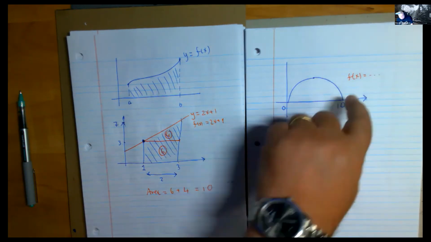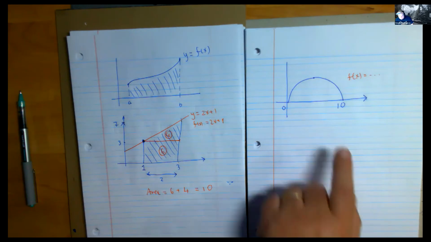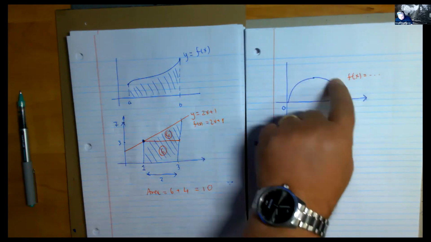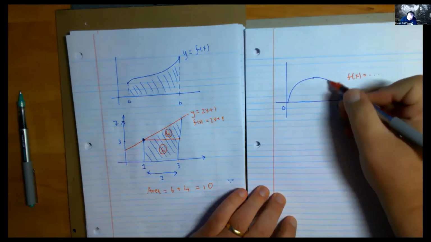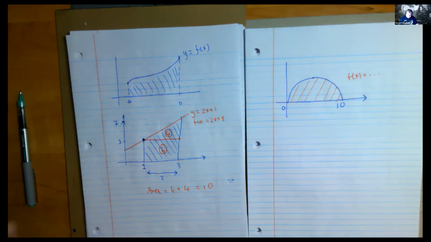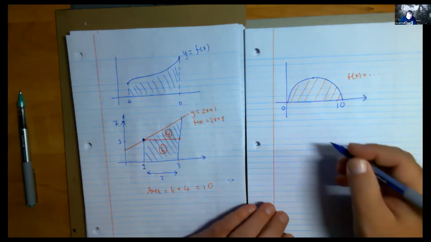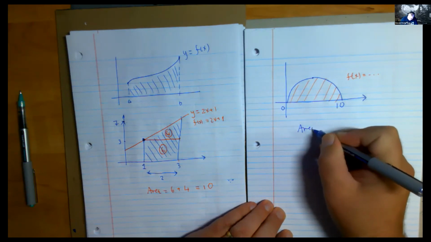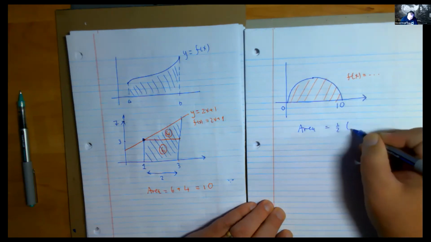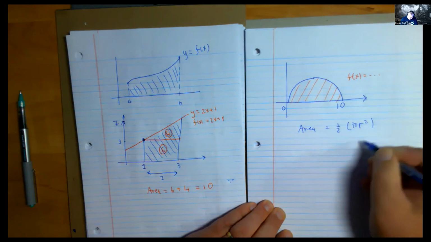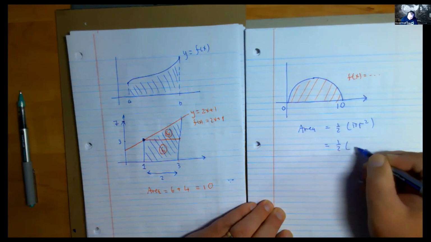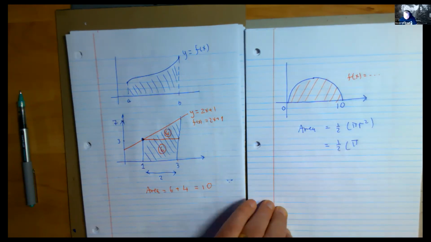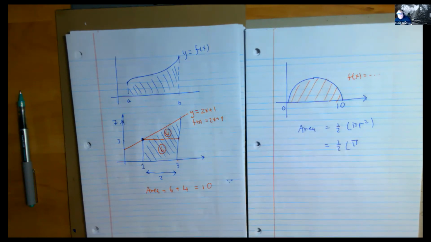I won't even tell you what the equation is, it actually doesn't matter. But what I want to know is the area under this curve. Essentially, I want to know that area. This shape is half a circle. So if you want to get its area, don't you do a half pi r squared? So you do a half of pi. What's the radius of this half circle? 5.